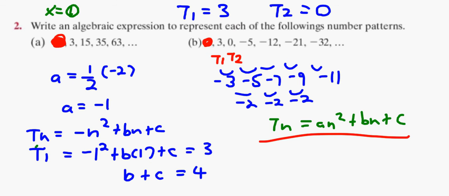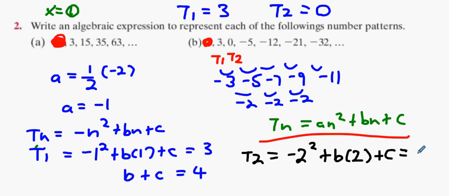Next thing you're going to do is go for T2. T2 is going to be minus 2 squared plus b times 2 plus c. That equals 0. I'm about to get 2b plus c equals 4 again.